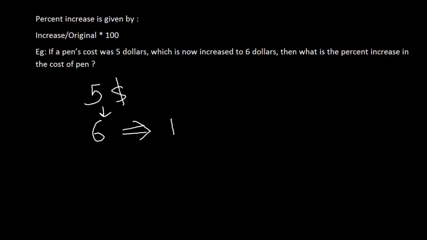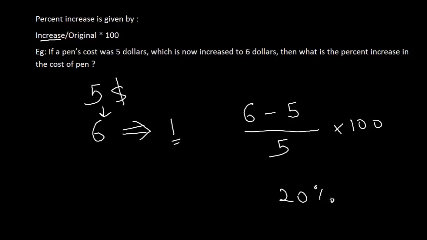So the increase here is equal to $1. That is 6 minus 5 upon the original value, that is 5, into 100. This is equal to 20%. So the percent increase of the cost of the pen was equal to 20%.